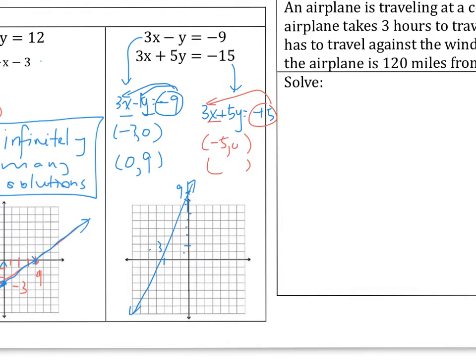Negative 15 divided by positive 5 gives me the y-intercept of negative 3. So negative 5 and negative 3.